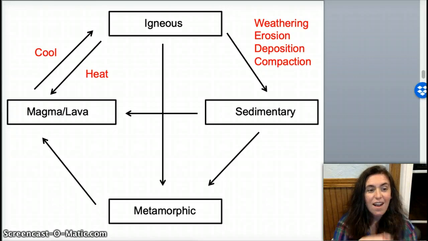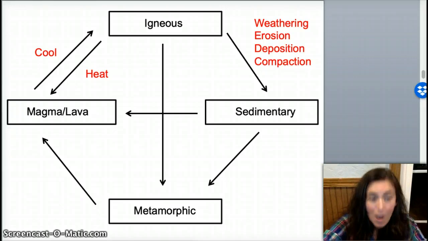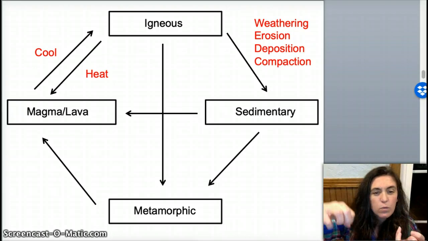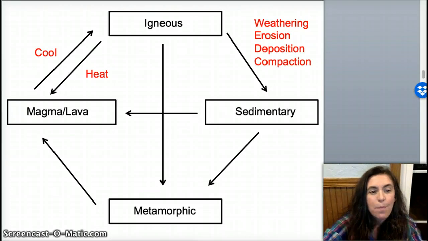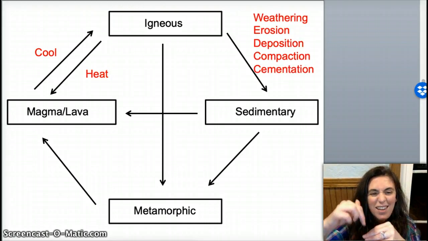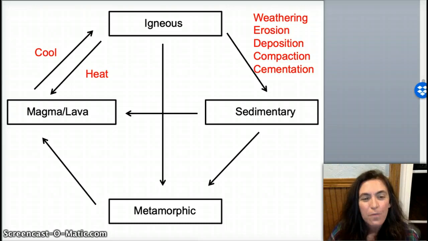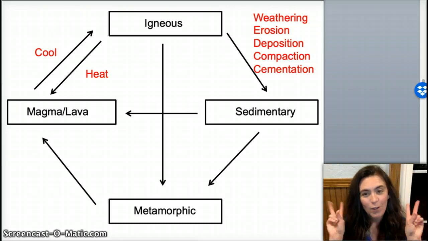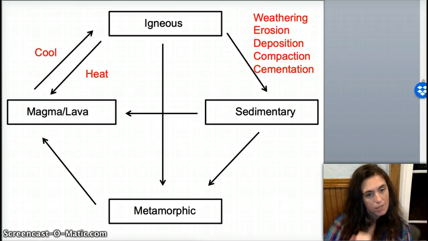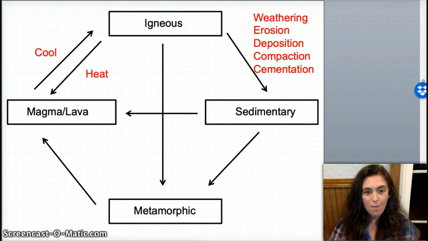Okay, and then sometimes you get that second step where you squish all the water and air out, and you get cementation. So now you're going to cement it together.